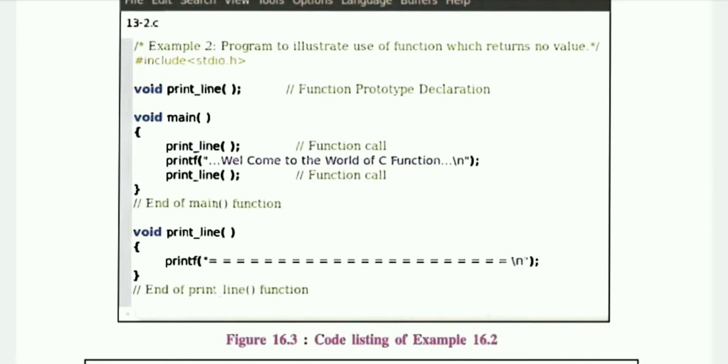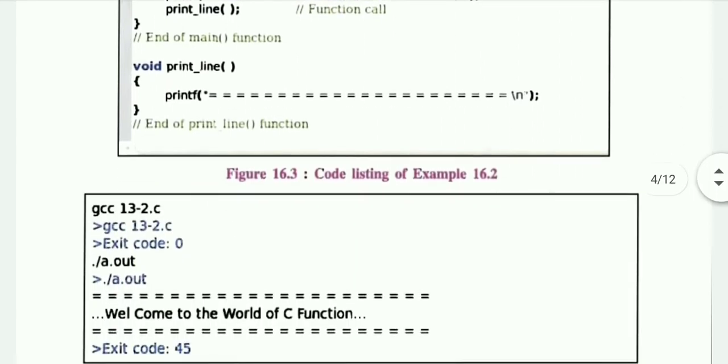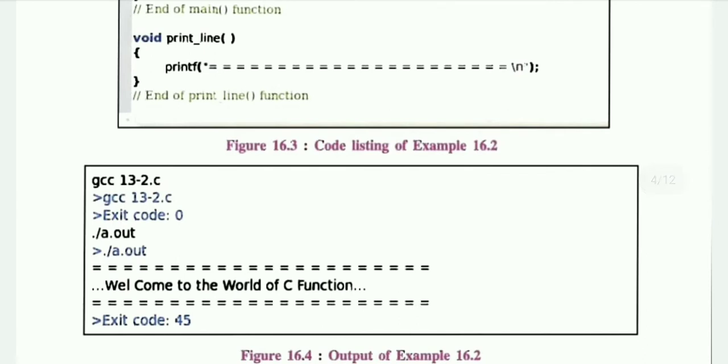So the output will come like this: first the printline, so the dashes will be printed there. Then control goes back to void main, and it prints welcome to the world of C function, and again we call printline, so again this pattern will be printed. This will be the output of your program. This is how the function call works.